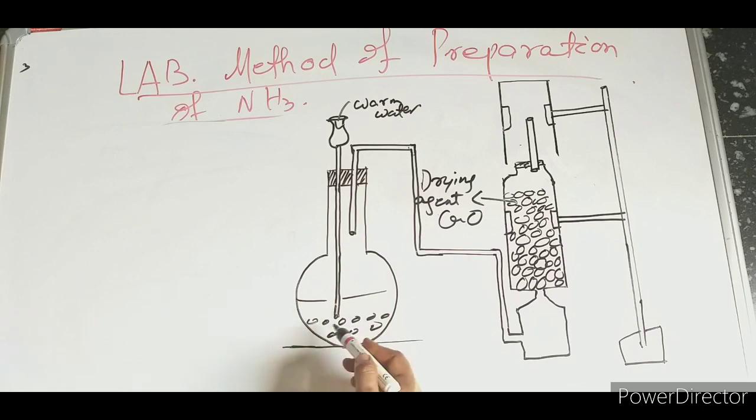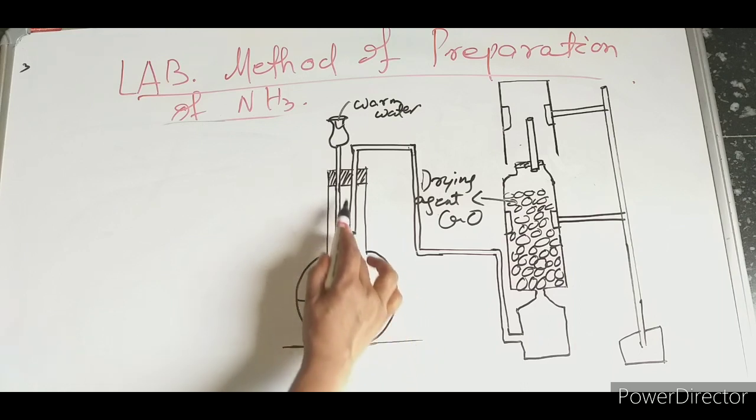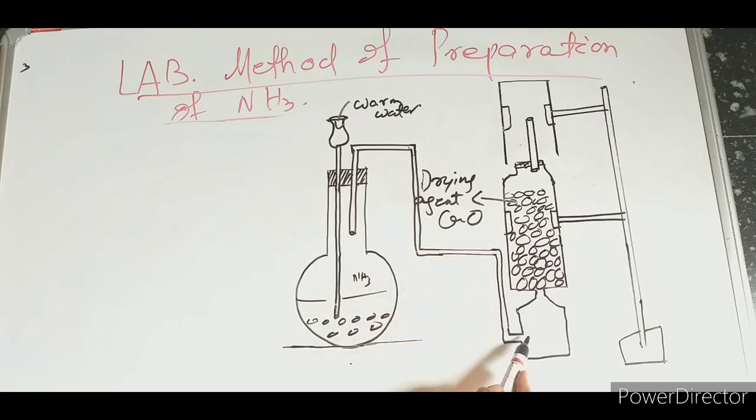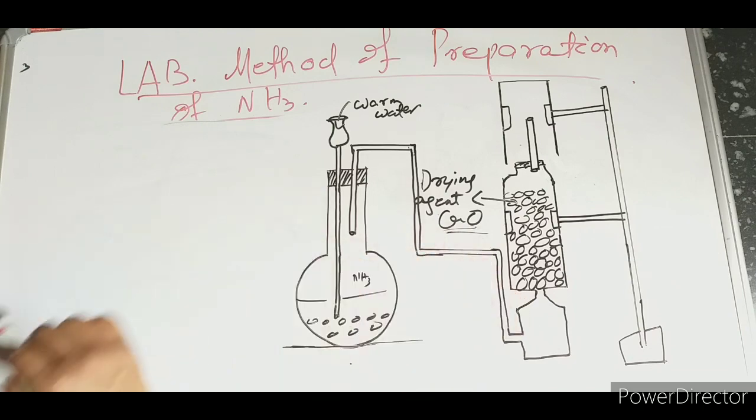This warm water reaction will be sufficient; outside heating is not required. So ammonia gas is evolved, and it will be passed through the same process, and after that through the drying agent. What is the drying agent taken? Calcium oxide is the drying agent taken. After that it will be collected by the downward displacement of air.